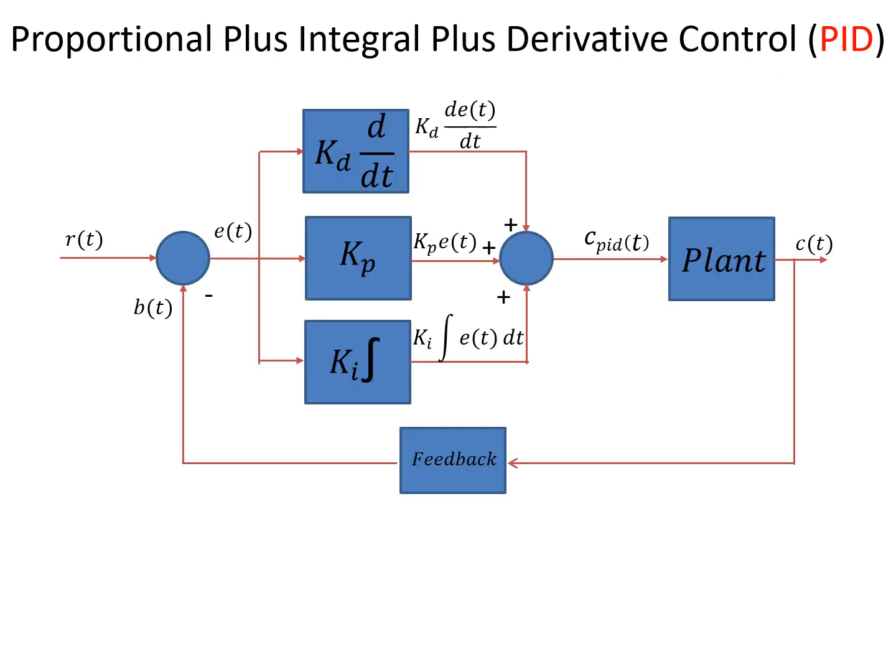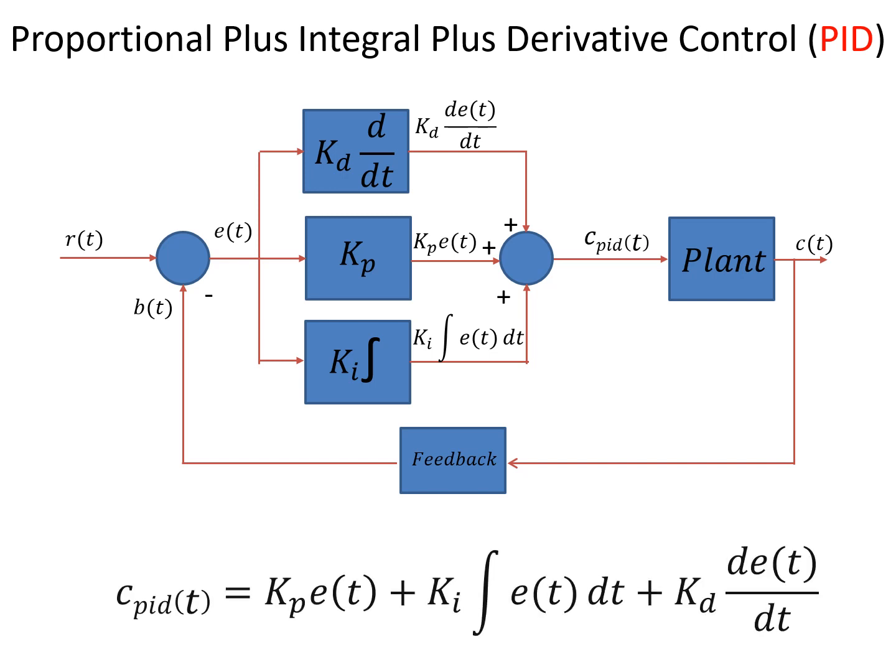A proportional plus integral plus derivative control, that is PID control, is represented with a block diagram like this, wherein we have a combination of all three controllers: derivative control, proportional control and integral control together.